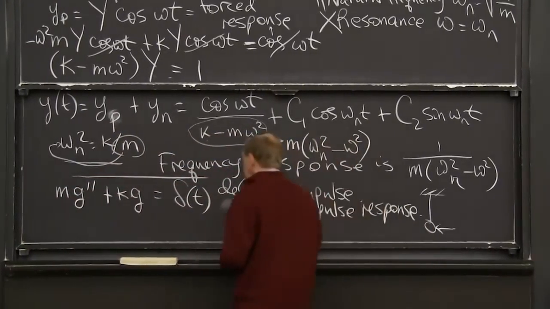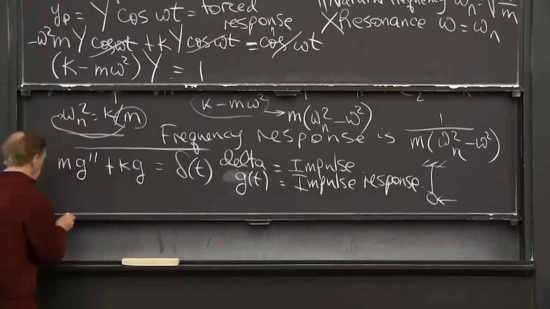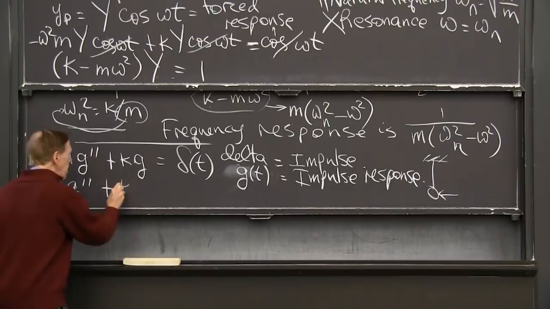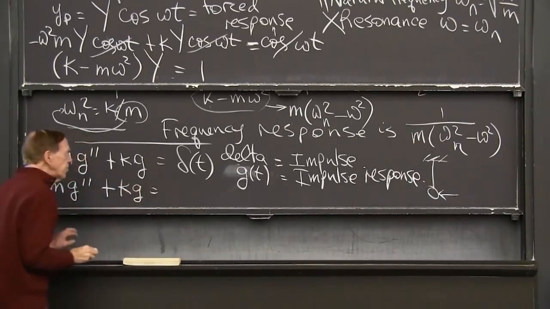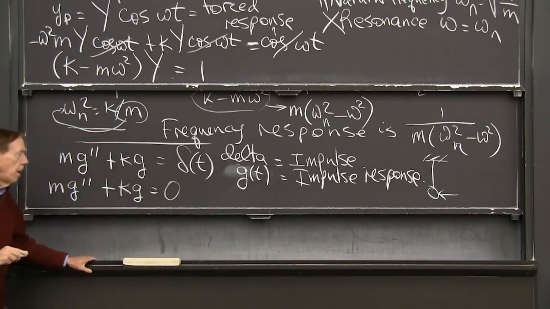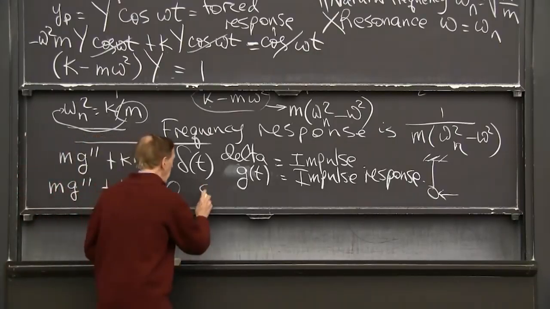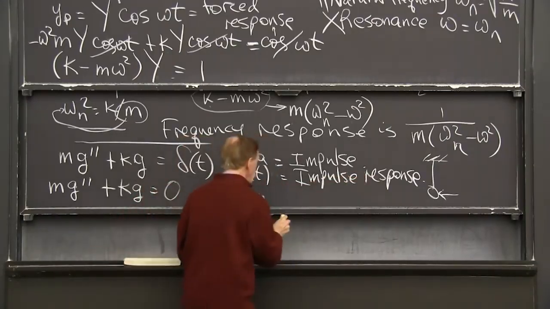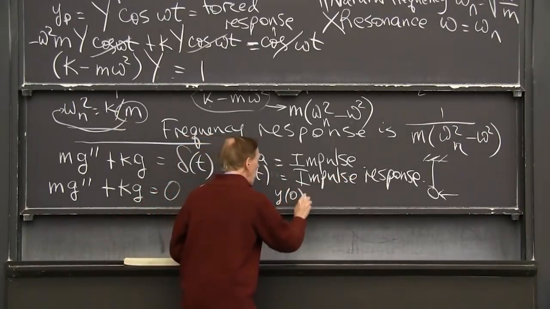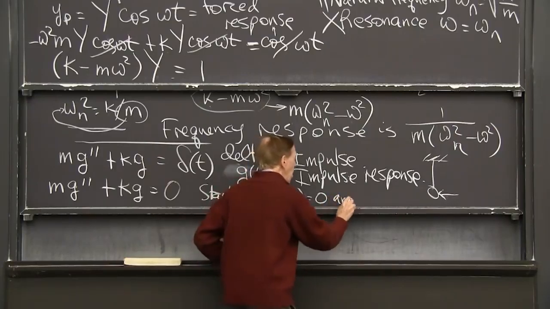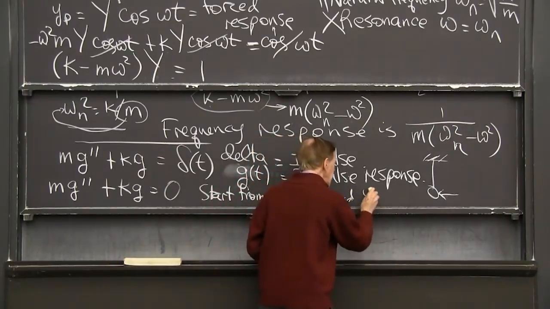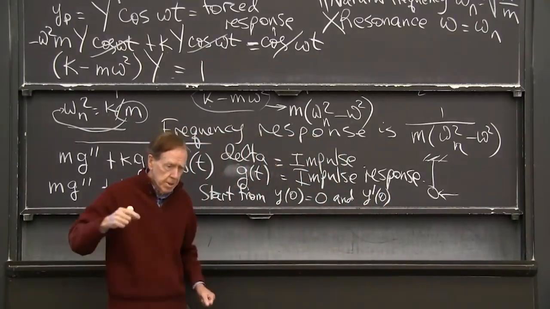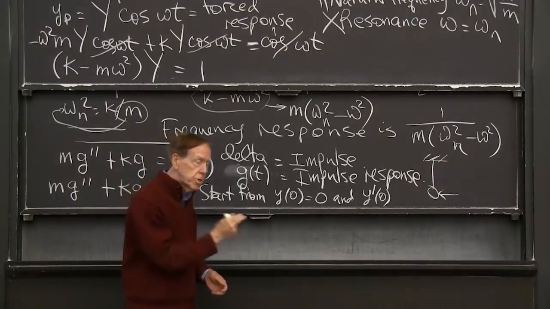m g double prime plus k g, same problem, same solution, is 0. But I start from rest, nothing's happening, y of 0 is 0. And it starts from an initial velocity, y prime of 0. I give it the impulse, starts it out like a golf ball, just go.